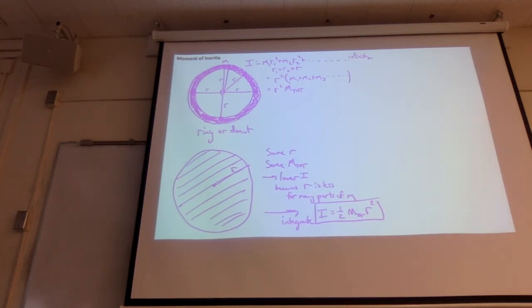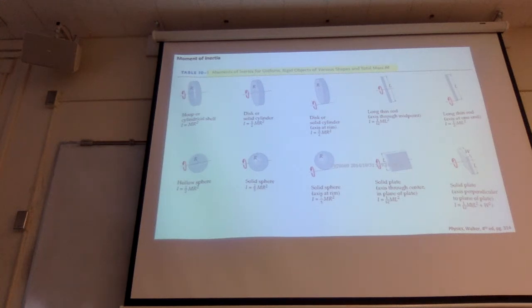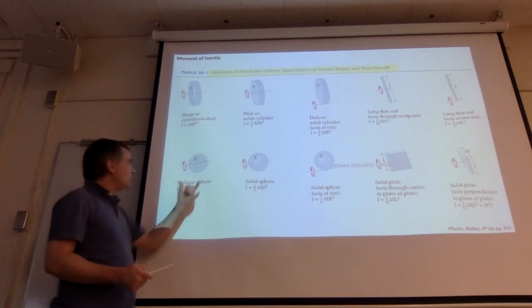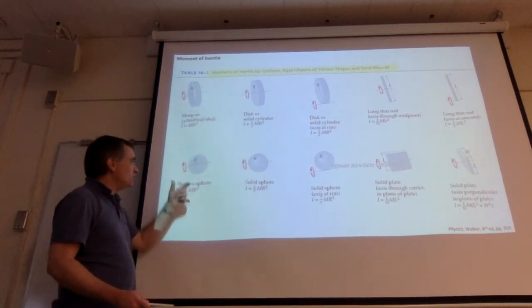If you are a physics major or want to become one, there will be a class at some point down the way where you'll have to do such things, okay? But don't worry. It turns out someone has done all the work. So for common symmetrical geometric shapes of things that may be turning or rotating, someone did the calculations to figure out exactly what the moment of inertia is for them.